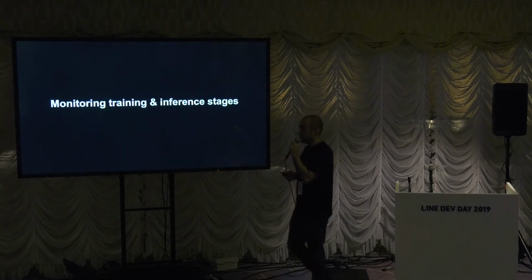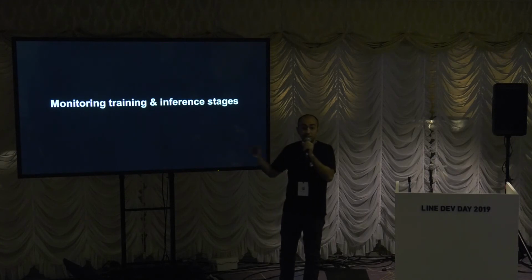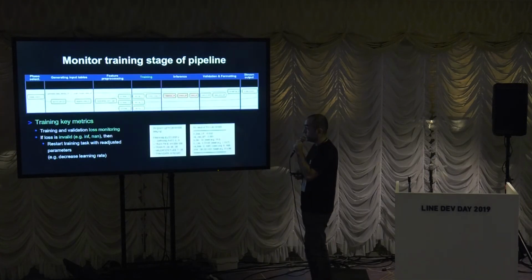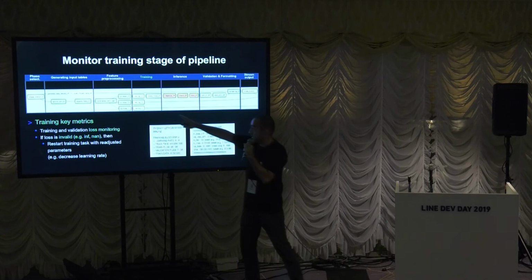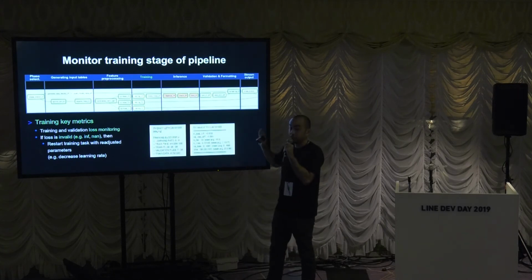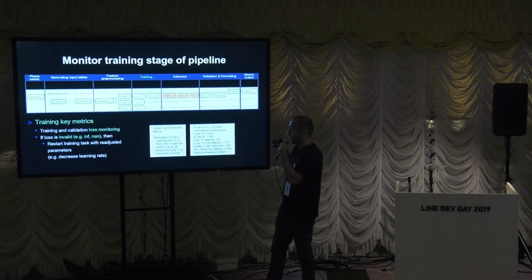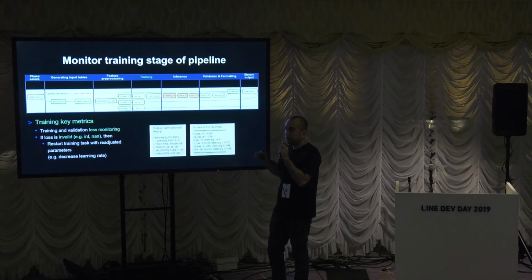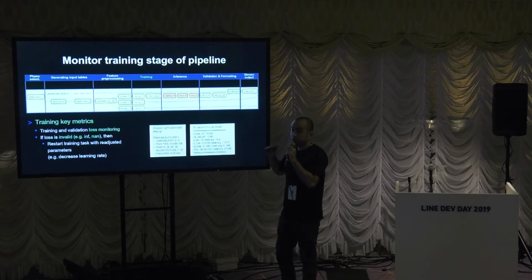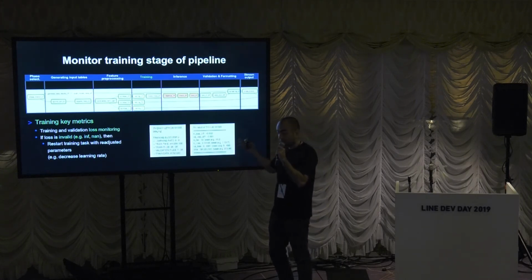Next, how we implemented the monitoring of the training and inference part. Let's take a look at training. In training, one of the key metrics is loss, the validation or training loss. Sometimes, depending on the data, the value of the loss can be overflown or underflown. It can be none or inf or some other values. In that case, we cannot use the training. The training is invalid. The model itself is invalid. So we need to restart training by adjusting hyperparameters.